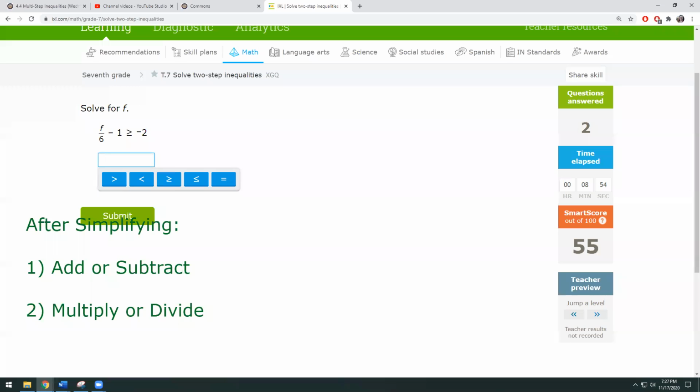So eventually you're going to see problems like this, where it says f divided by 6 minus 1 is greater than or equal to negative 2. So just like before, we're drawing our line, we're circling our variable, and I know that both sides are simplified.